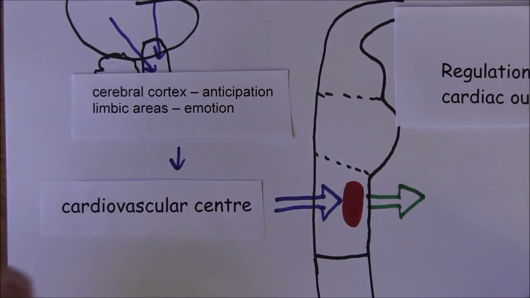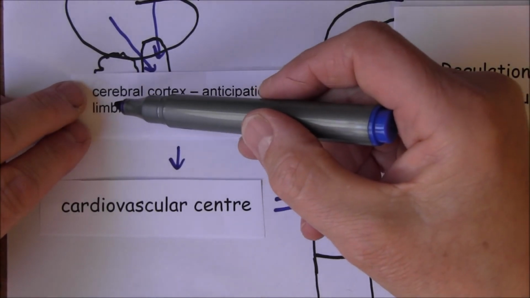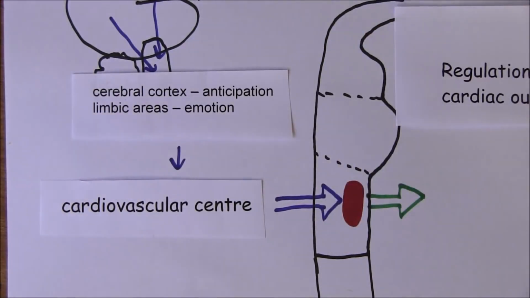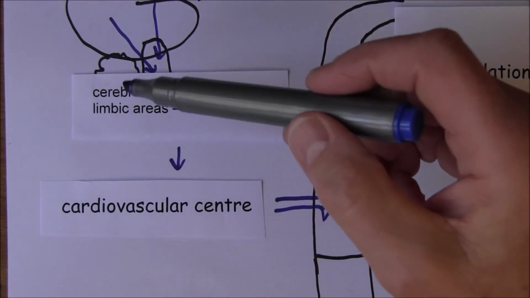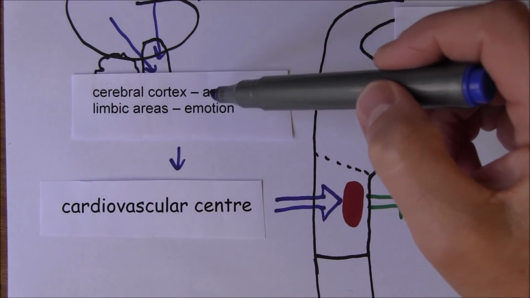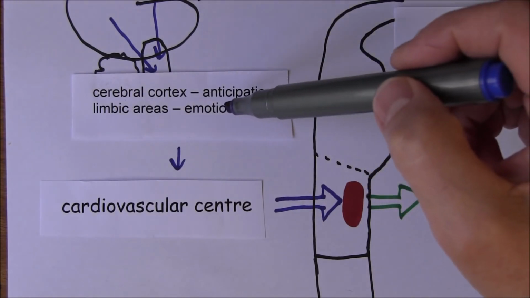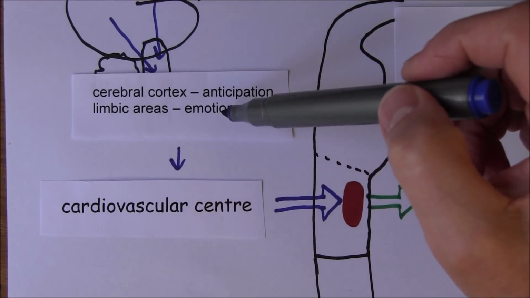And a lot of this is mediated via the limbic areas of the brain. Now the limbic areas of the brain are what give us emotion. So our excitement comes from limbic areas of the brain, and our fear comes from limbic areas of the brain. So we know if we're about to have a run or run away from a predator or do something that generates excitement, that's detected by the limbic areas of the brain.